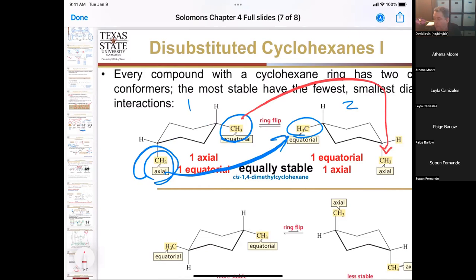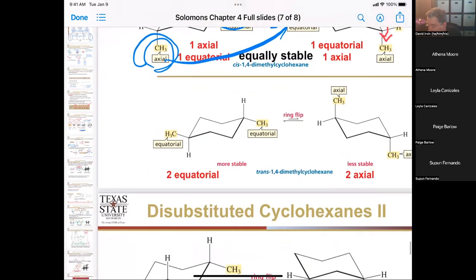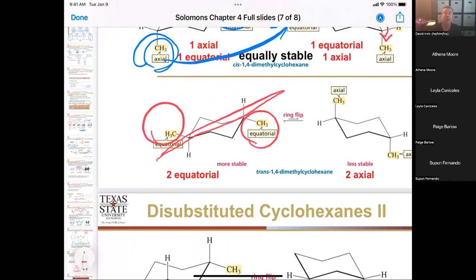But if we change our isomer, let's look here, and we're going to draw our line here again. This is our plane. We have this methyl group on this side and this methyl group on the other side. So now we have a different isomer, with those two methyl groups on opposite sides, and therefore we have our trans isomer.